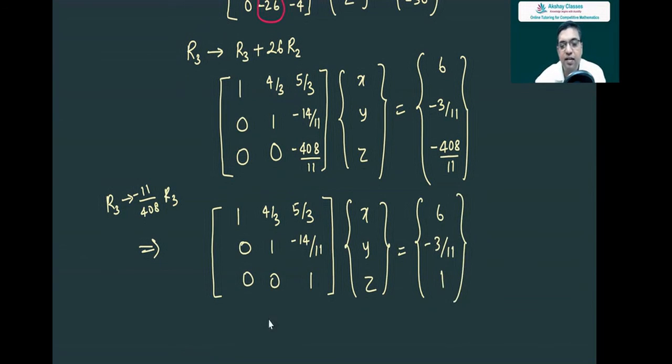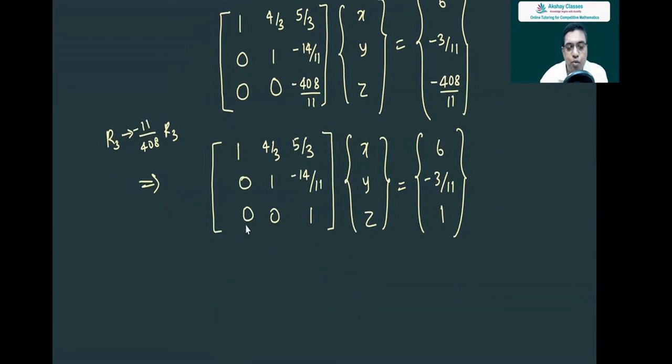So very clearly you can see, you take the last row, consider row 3. So from row 3, we get Z is equal to 1.